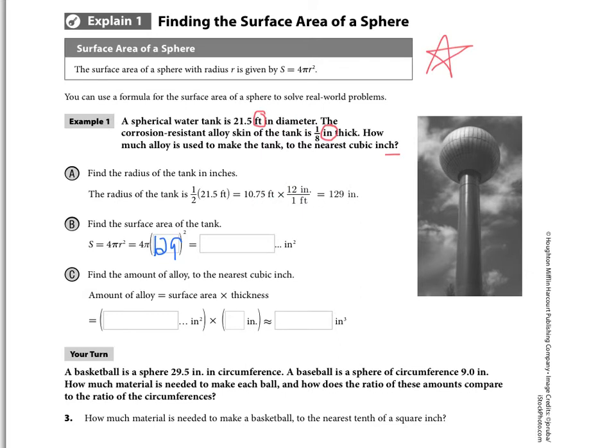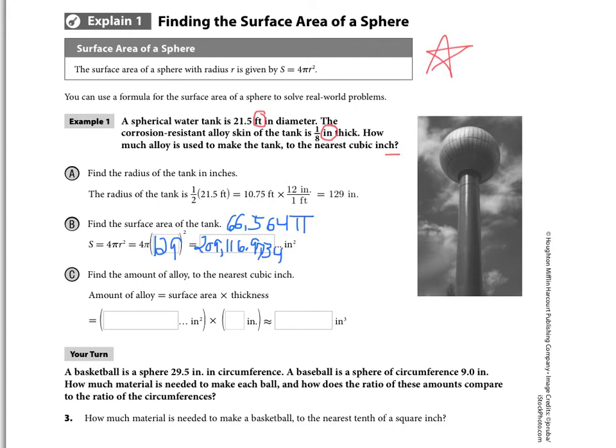If you want to do an intermediate step of leaving pi in the mix, that's going to be 66,564 pi. Or if we go ahead and get an approximation there, 209,116.9734 is what my calculator gives me there.